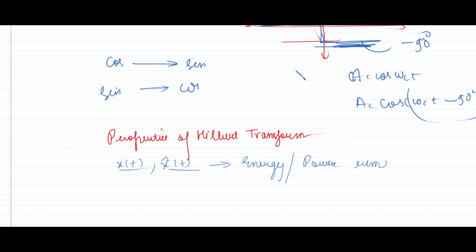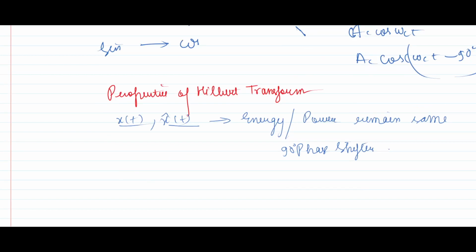So if you are asked that you have a signal, you pass it through a Hilbert transform, you convert sine into cos, you pass it to a 90-degree phase shifter, anything like this is done, the energy and power remain the same. Always remember this. And sine will get converted into cos, cos will get converted into sine.